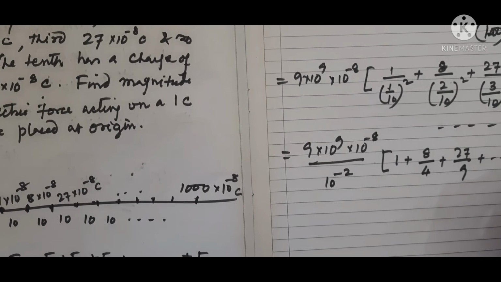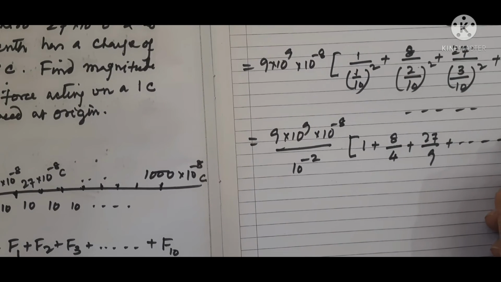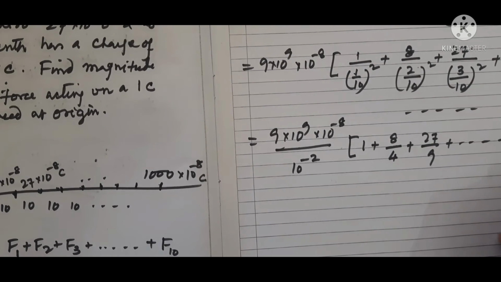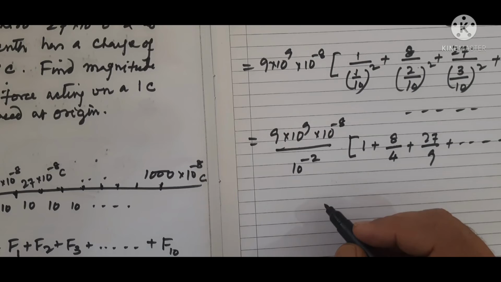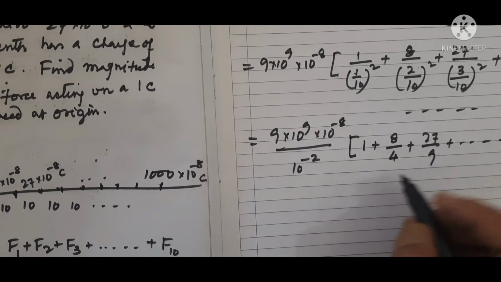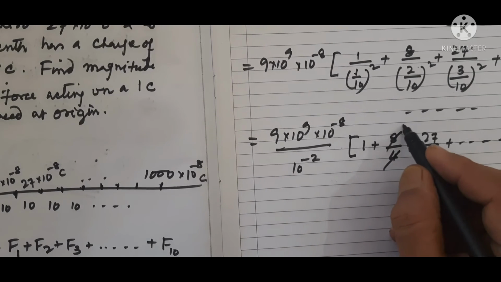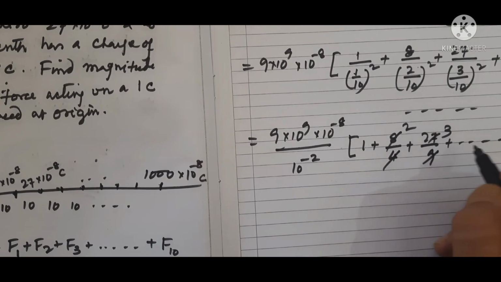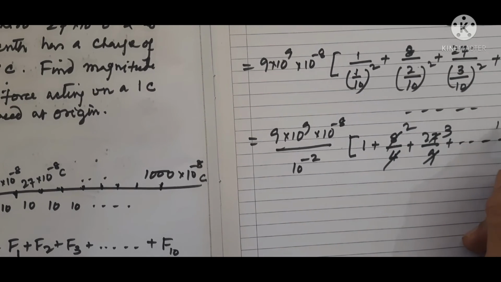The last one, the 10th, will be 1000 by 100. If you cut, what will happen? 2, 3, and so on, up to 10.